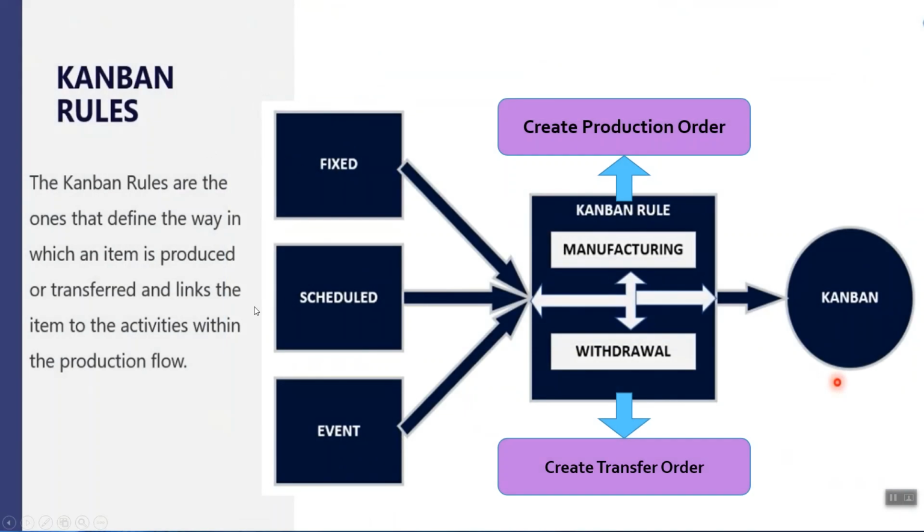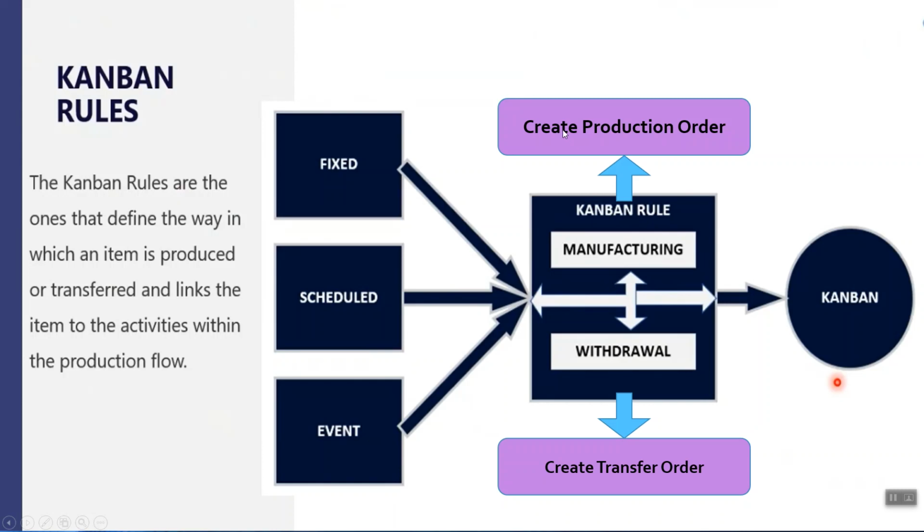Kanban rules. So Kanban rules is nothing but how you manage your production flow. So if you see, there are three types of Kanban rules: fixed, schedule, event. So based on these particular events, your manufacturing orders will get created.